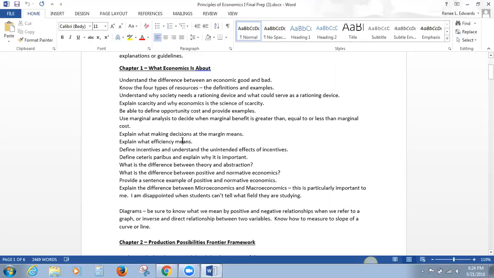With the PPF curve, make sure you understand that points on the PPF curve are what we would label as being efficient. Efficiency means that you're using your land, labor, capital, and entrepreneurship efficiently. Ceteris paribus, make sure that you understand what that means. And it's very important simply because when you are trying to create an experiment, you change one thing and then measure the effects.